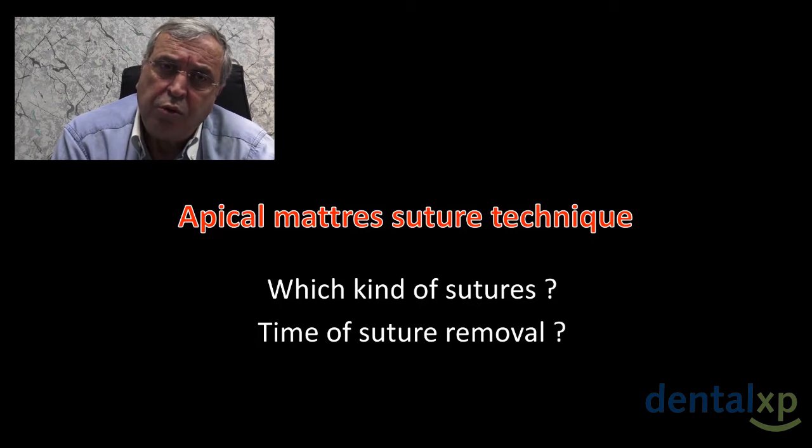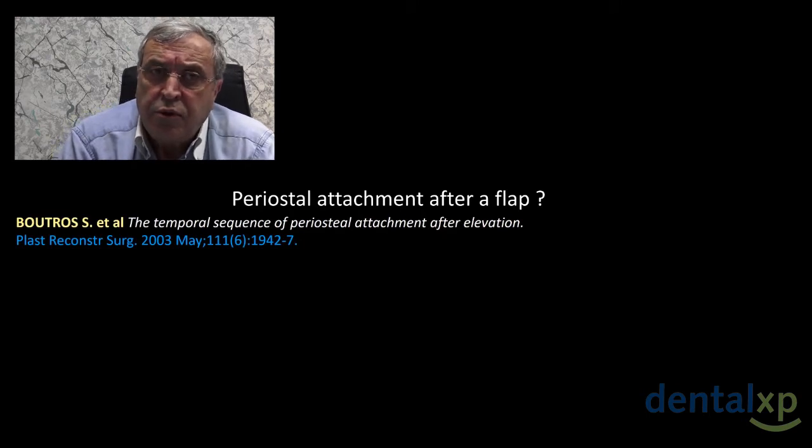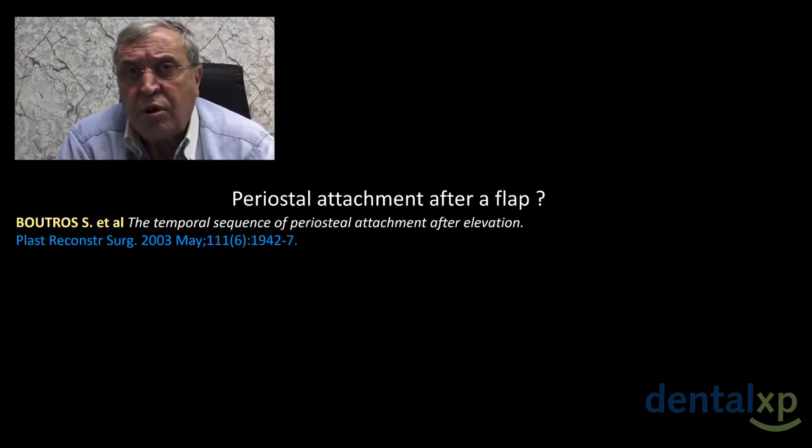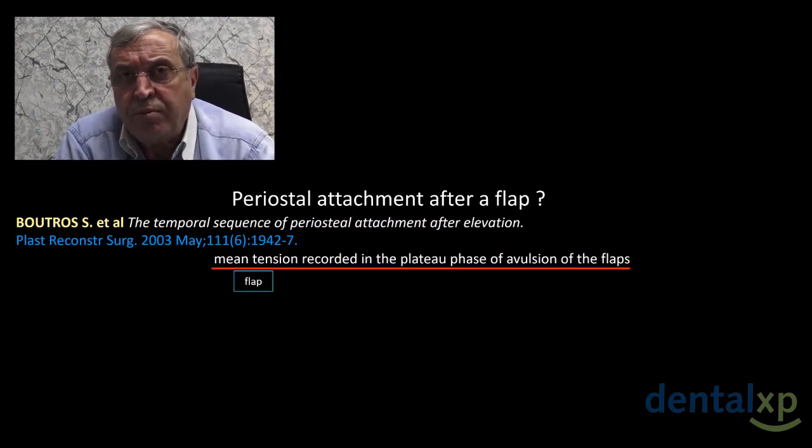If we talk about suture, we have to talk about the kind of suture. First of all, when we do a flap, we know that we need some days or some weeks to see the reattachment of the periosteum.